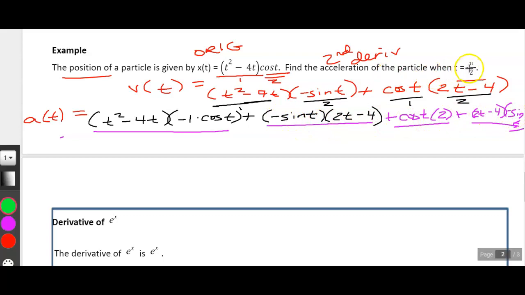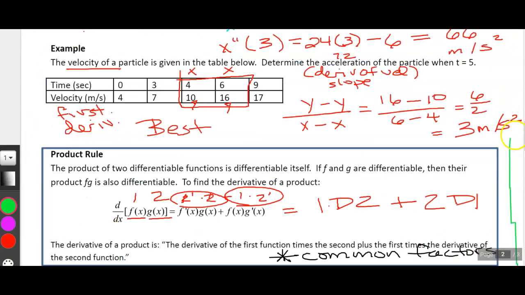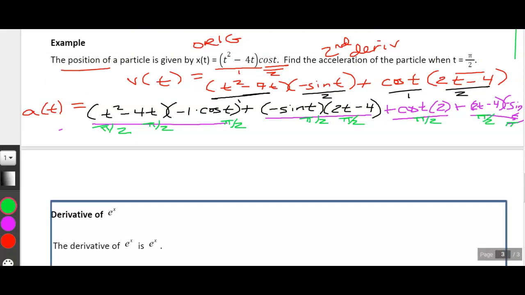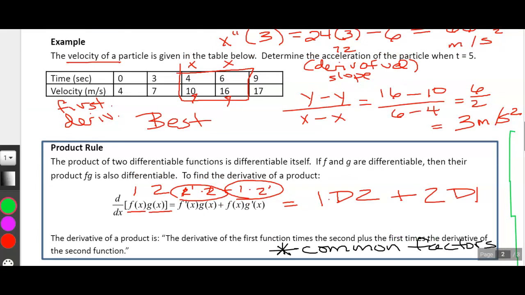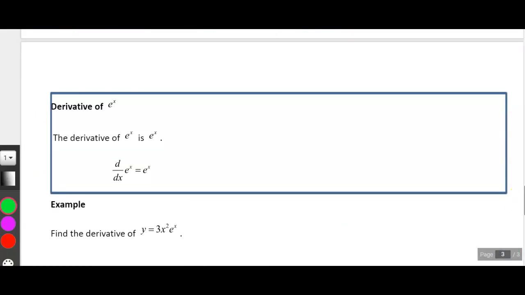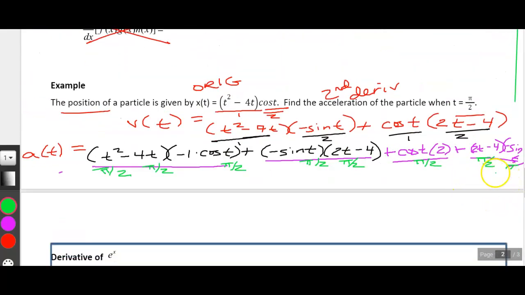So we are going to go ahead and plug in t equals pi over 2 everywhere we see a t. Okay.